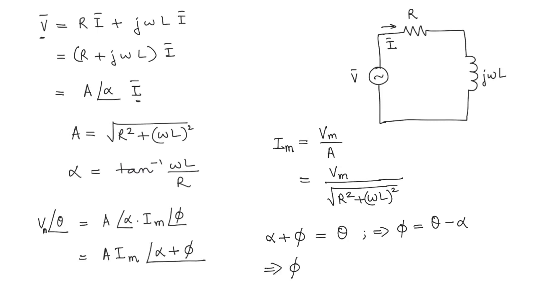If you assume that your theta, your initial angle, is 0, then phi becomes equal to minus alpha, which is minus tan inverse of omega L over R. And you can see that the solution is the same as what we got before using the cosine waves and the complex exponential, but the solution is much simpler.